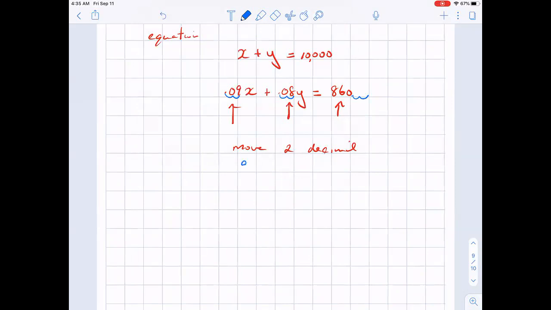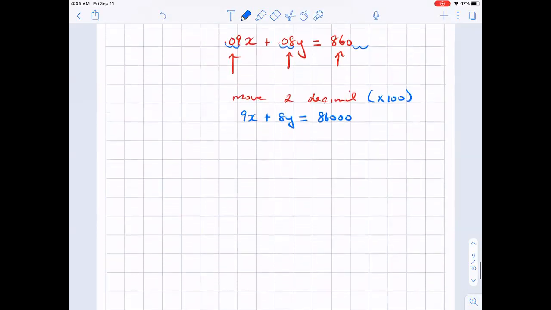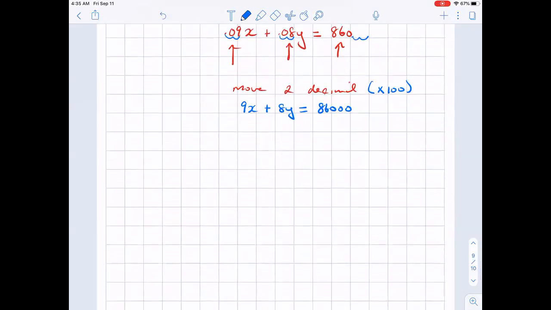So this becomes 9x plus 8y is equal to 860, and we move it 2. Moving 2 decimals is the same as multiplying by 100.